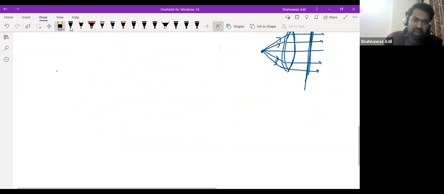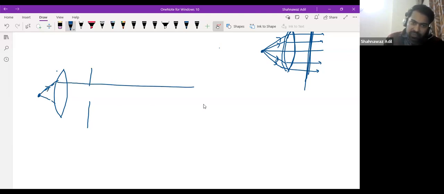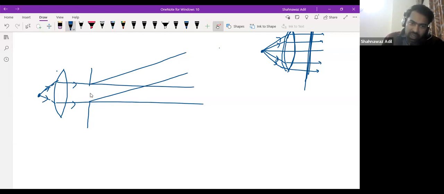So what did I do? I have this slit and this source, and I have put this convex lens in front such that the source is at the focus. The rays will come out parallel, and then go parallel from here.